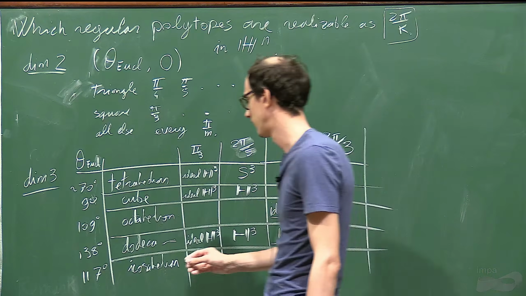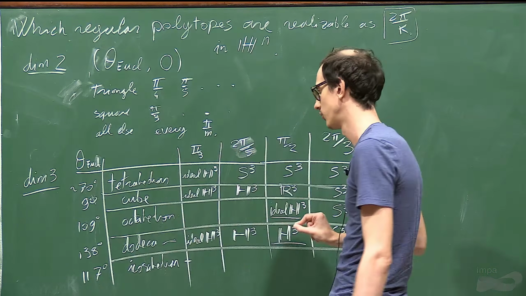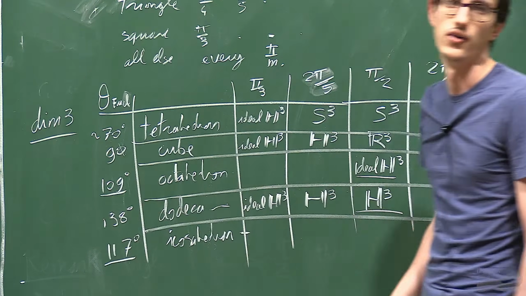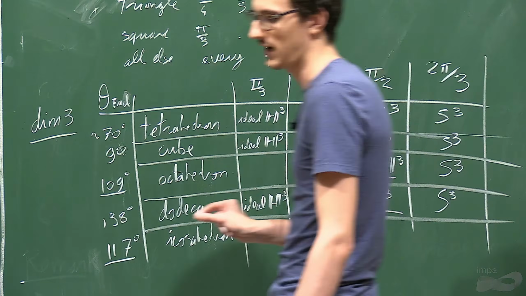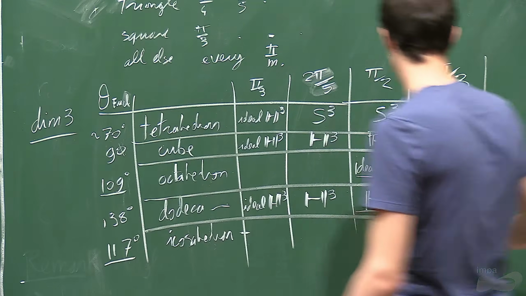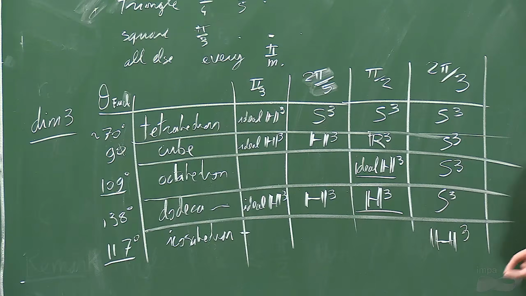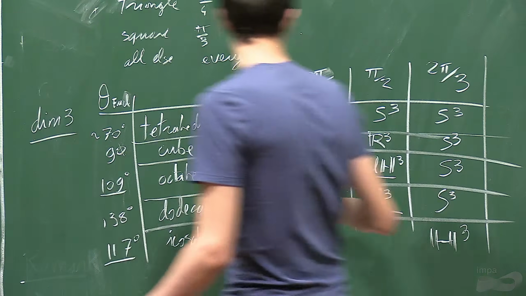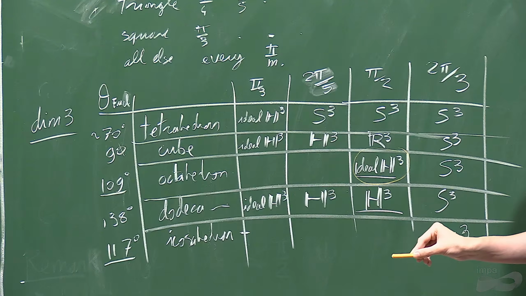One thing that's interesting is that the icosahedron, like the octahedron, are not simple polytopes. So they should not be realizable with acute angles. And in fact, the icosahedron can be realized here in H3. But the thing that was weird that I was almost going to point out is that this has not obtuse angles, but is simple.